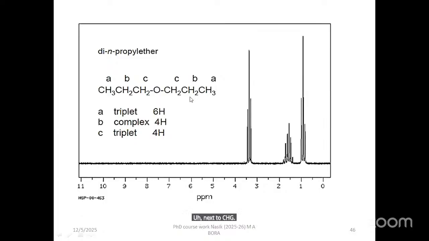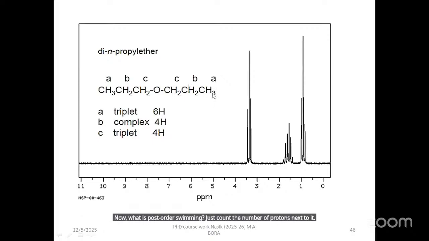Now let's take the middle CH2. What you'll find is that the chemical shift difference between A and B, and B and C, is quite high, so we'll not see second order splitting, we'll see only first order splitting. Now what is first order splitting? Just count the number of protons next to it.